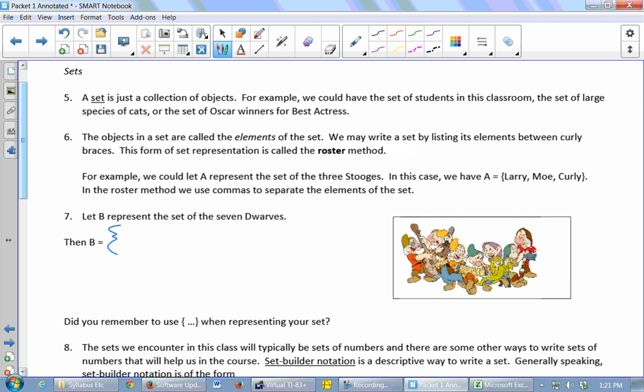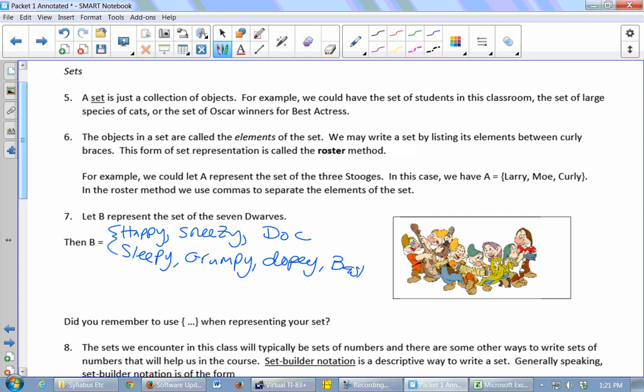Happy, Sneezy, Doc, Sleepy, Grumpy, Dopey, and Bashful. 1, 2, 3, 4, 5, 6, 7. Yeah, there we go. Listed in curly brackets with commas between them. So that is the set of 7 dwarves.